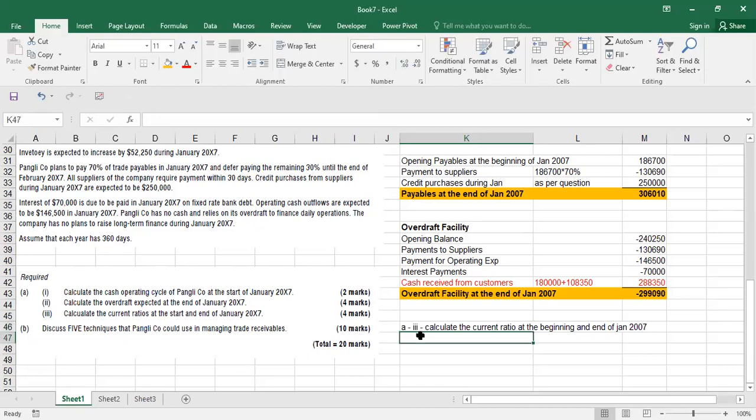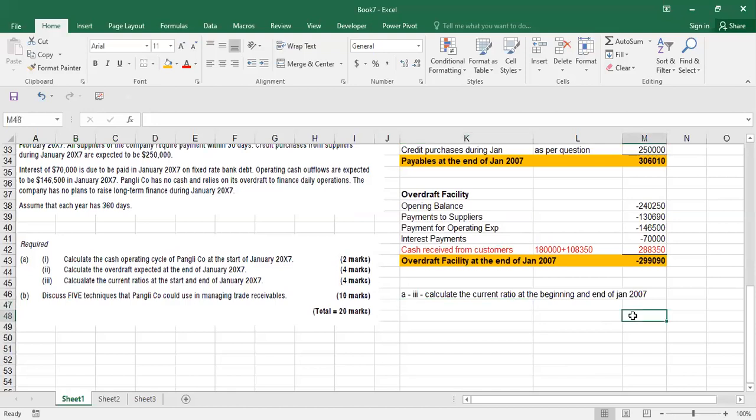Okay, pretty simple, it should not be difficult. Here let me call this one 01/01/07, and I can call this one 31/01/07. So beginning of January and end of January.